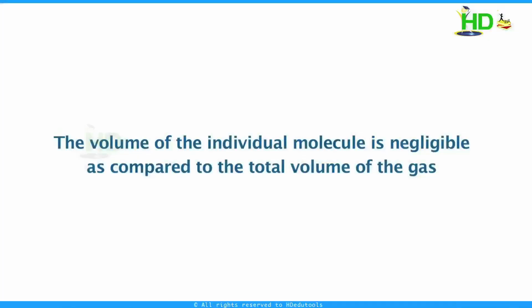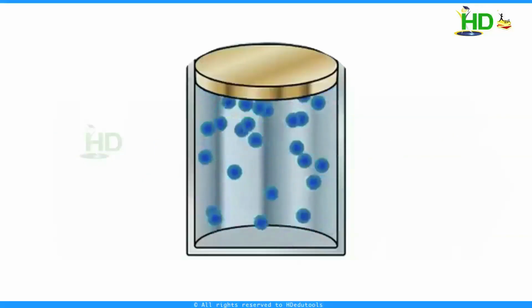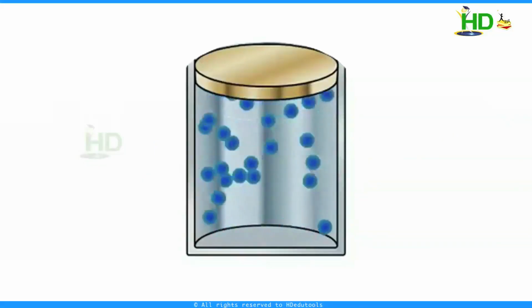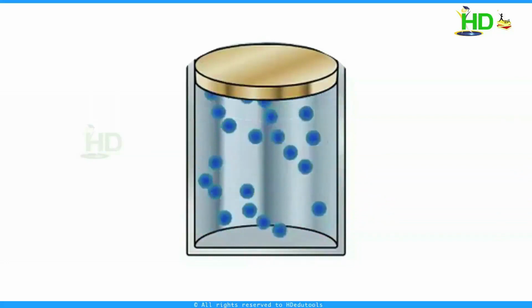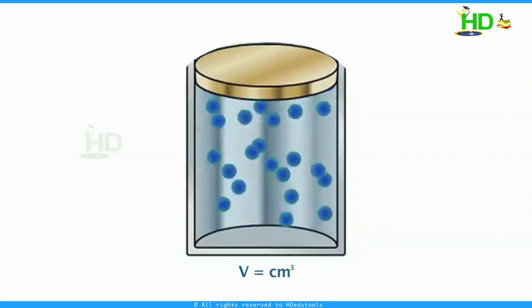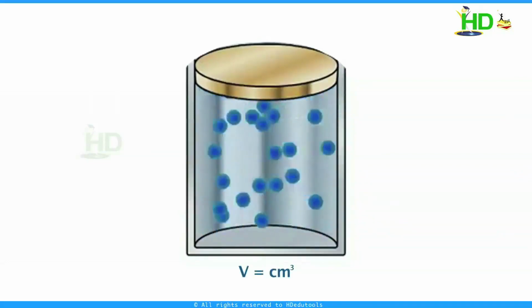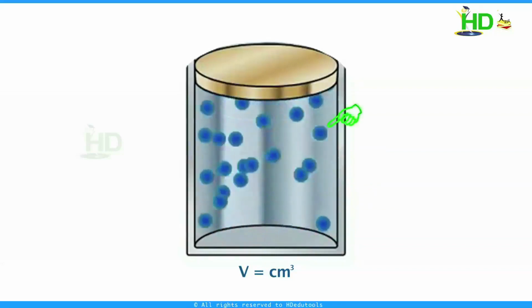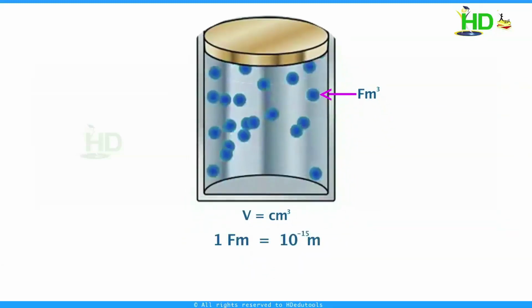The volume of individual molecule is negligible as compared to the total volume of the gas. What does it mean? Suppose you consider this is a container. The volume of this container is in order of centimeter cube. If we consider the volume of a molecule, it is in order of Fermi cube. That is 1 Fermi equal to 10 power minus 15 meter.